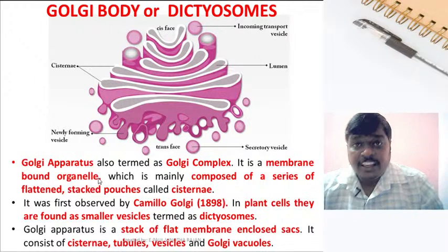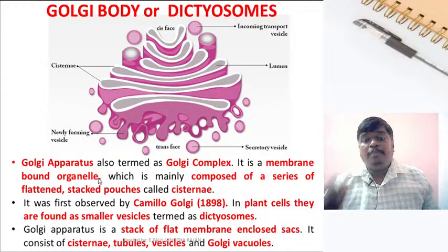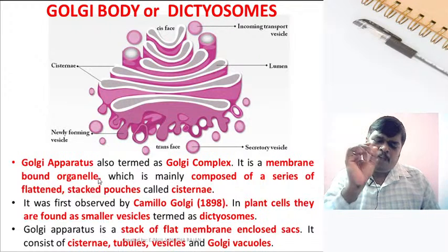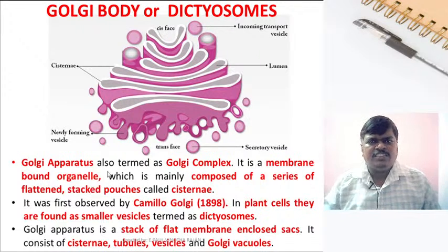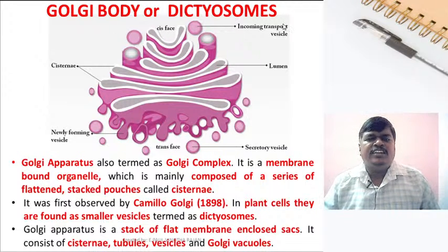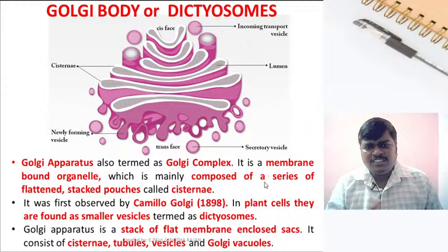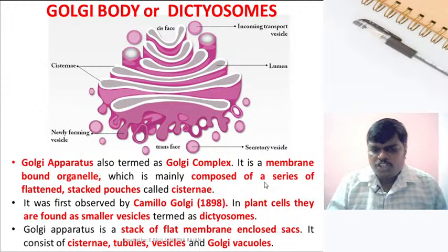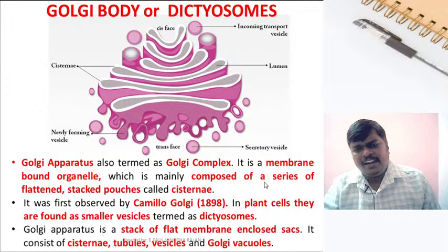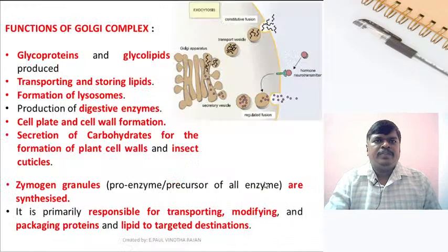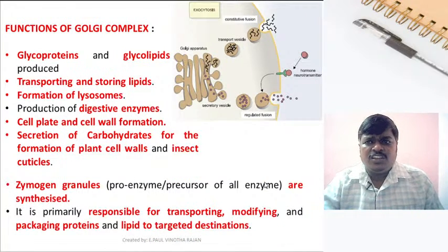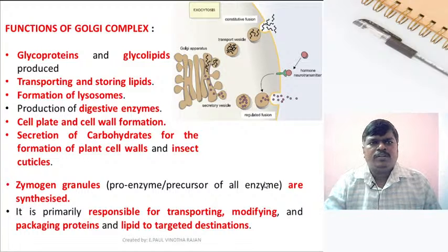In the case of plant cells, the Golgi body is observed as small vesicles. Those vesicles are known as dictyosomes. So they can exist in 4 forms: cisternae, tubules, vesicles, and Golgi vacuoles. Next, we are going to talk about the functions of the Golgi complex.